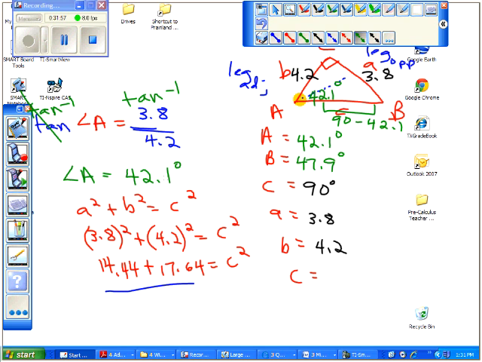We're going to add and we're going to get 32.08 is equal to C squared. Now we get rid of the square with the square root, and we get C is equal to 5.7 rounded to the nearest tenth. And so we found every angle and every side of the triangle, so we solved the triangle.